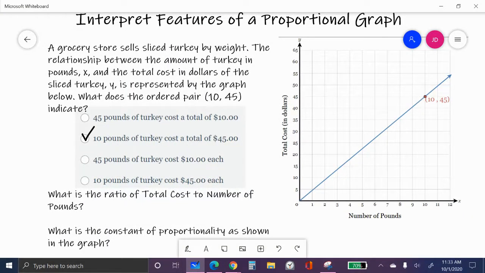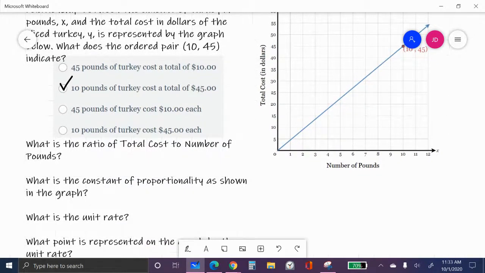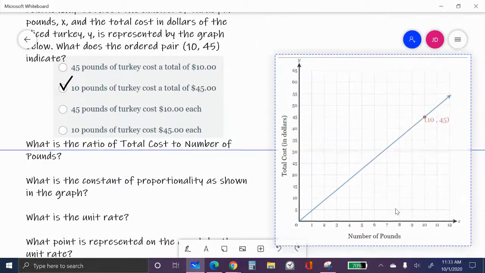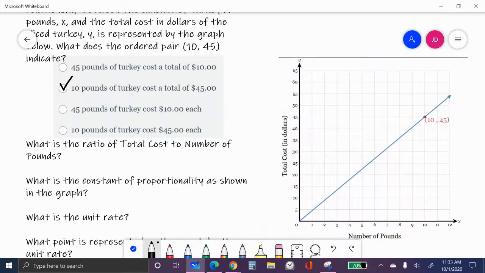So the ratio 45 to 10 reduces to 9/2. And you could also write it as a fraction, 9/2.